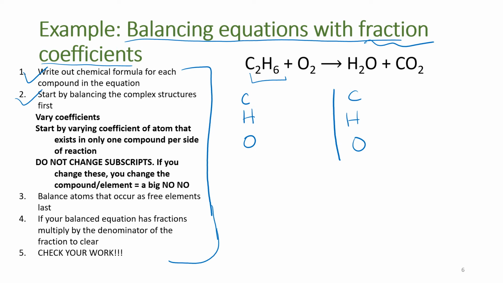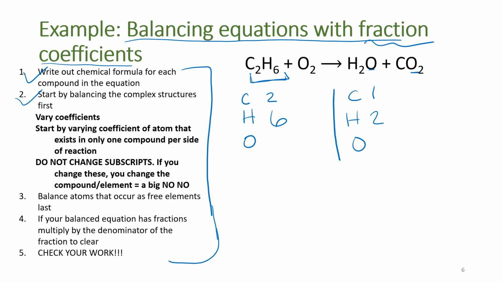So for example, in water you have oxygen, in carbon dioxide you have oxygen. That means you need to stay away from oxygen at the beginning, leave it for last because that's the one that's going to give you issues. So what we're going to start with actually is trying to get these carbons and hydrogens balanced. So on this side we have 2 carbons, on this side we have 6 hydrogens, we have 1 carbon, and we have 2 hydrogens.